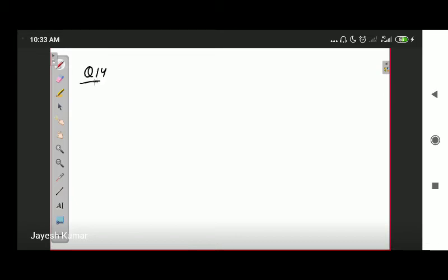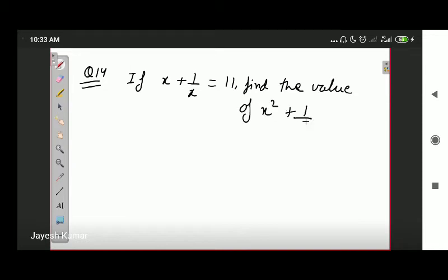Exercise 6.5, sorry, question number 14: if x plus 1 upon x is equal to 11, then find the value of x square plus 1 upon x square.